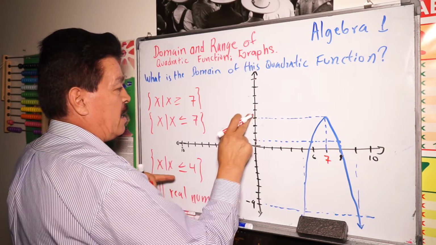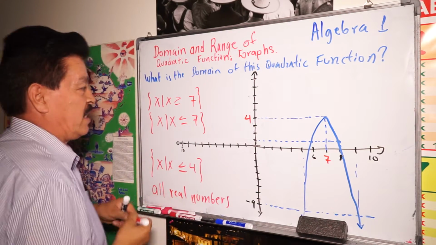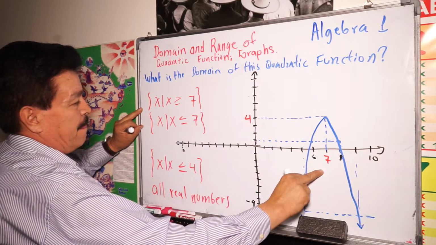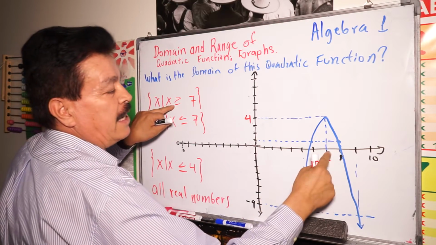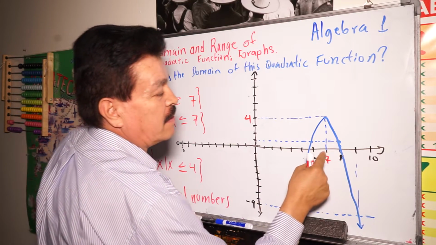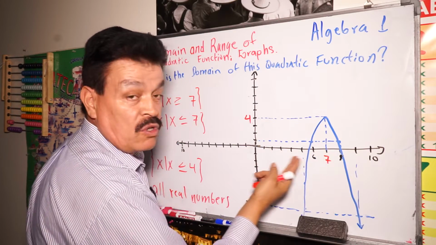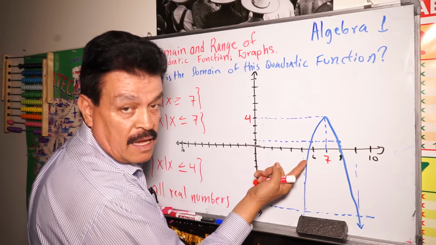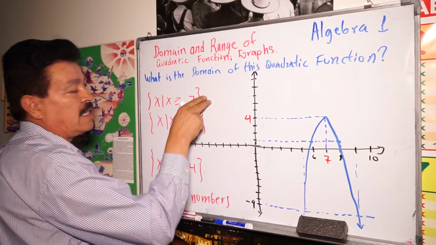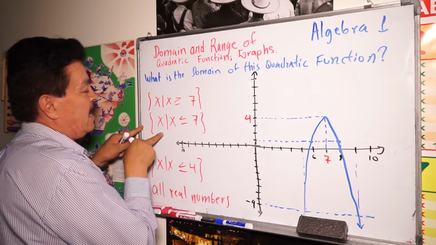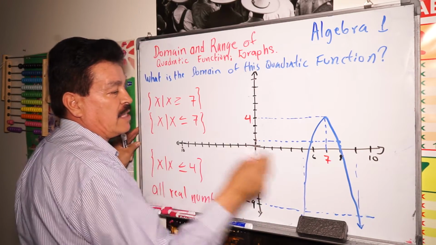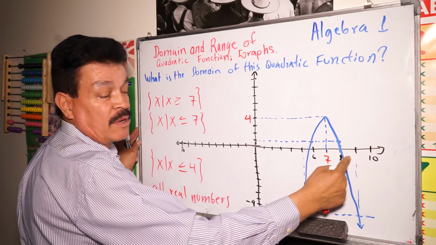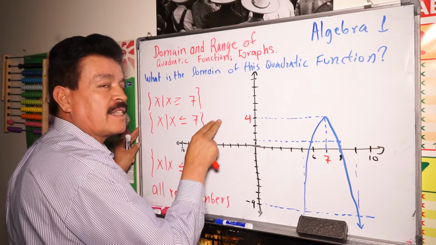Greater than or equal to 7 covers all this area, but we have more data here, the graph goes less than 6. So this is not it. Number 2, x such that x is less than or equal to 7, from here to all this. But what about 8? So this is not true.